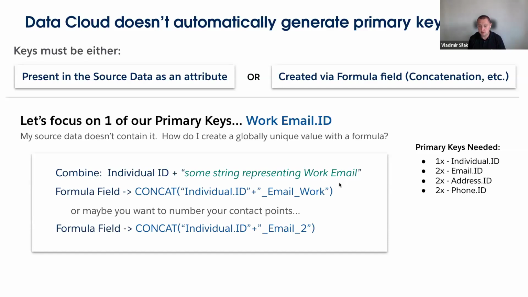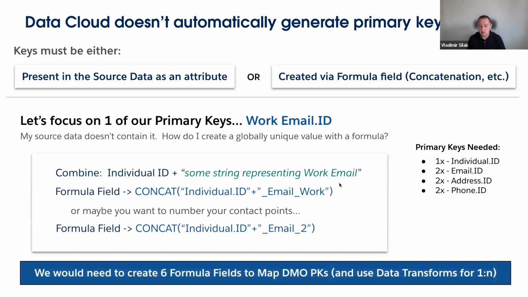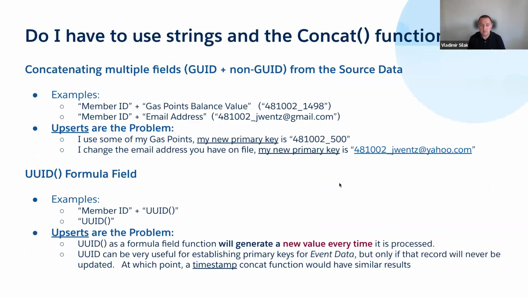So different options, and you can express them differently, but ultimately you will need to create 6 formula fields in order to do the mapping of that one single row of information. And this is just preparing the data when we're creating this data stream, in order to be able to do the mapping. Our second challenge will come into that understanding of normalized and denormalized. We'll talk about that as we go through the examples.